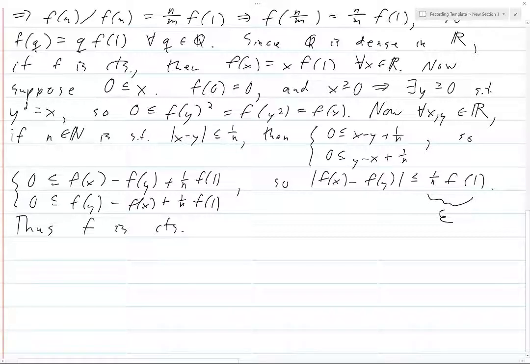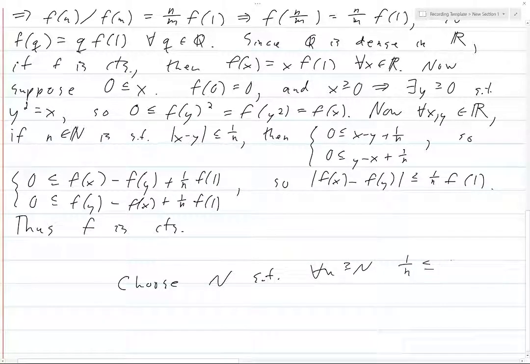You can make it precise. You'd have to choose an n large enough such that for all n greater than or equal to N, 1/n is less than or equal to epsilon over f(1).